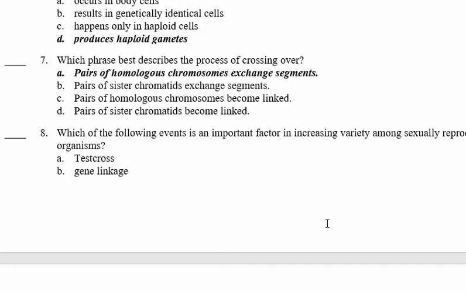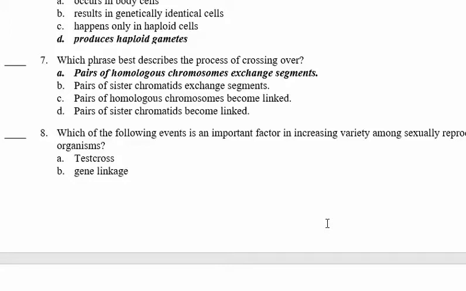The only case I'm going to get cells with 23 chromosomes, which is half the number of chromosomes, is when I take a cell from the ovaries in case of females, or from the testes in case of males. So meiosis only happens within the sex cells, and it produces haploid gametes. Haploid means that they contain half the number of chromosomes.